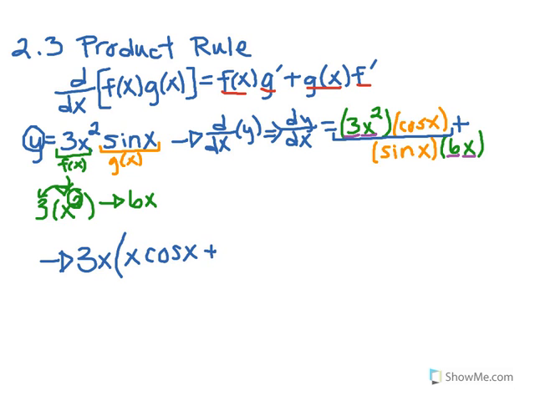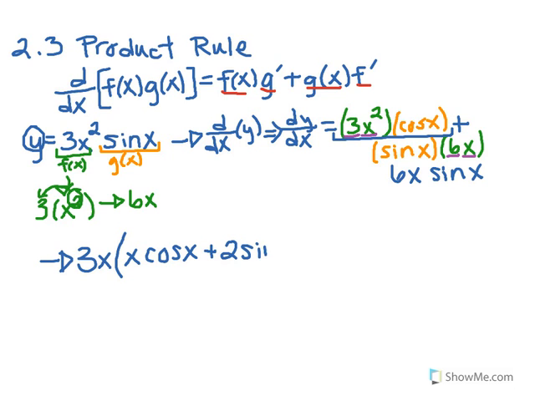Now, typically, look back over here where it says sine x times 6x. Typically, we write any numbers that we have first, any coefficients, and then everything else behind it. So that's the order that we want to write our answer in. So 3x times what gives me 6x? Well, that's going to be 2. I'm going to write my 2 there.